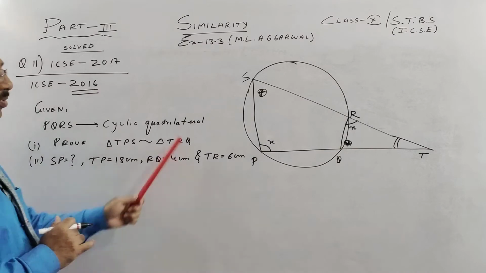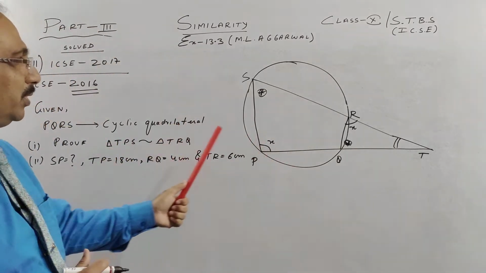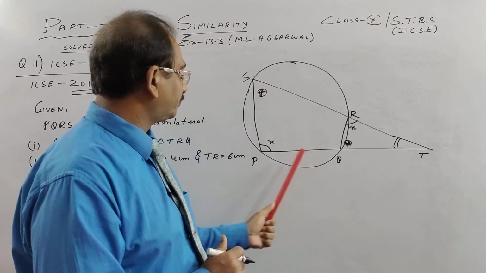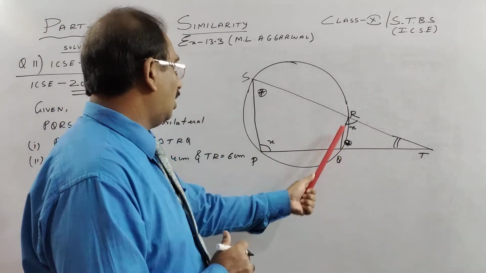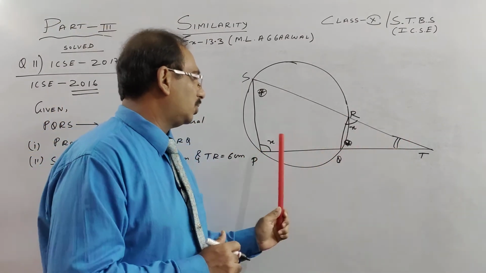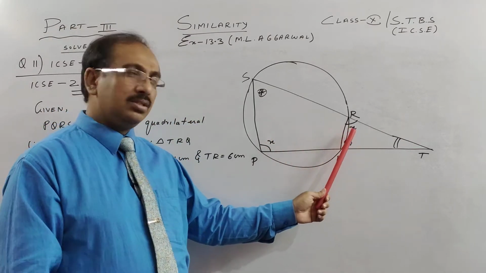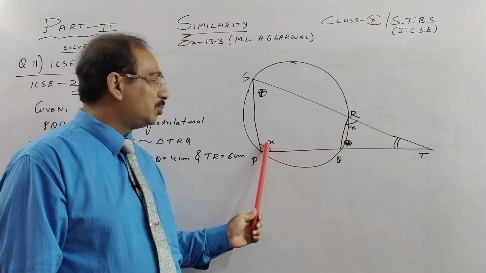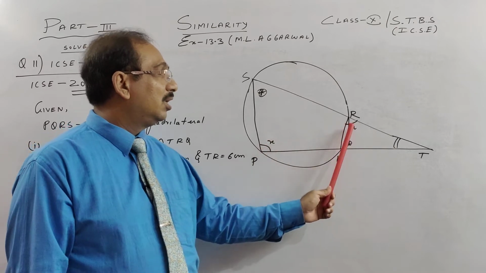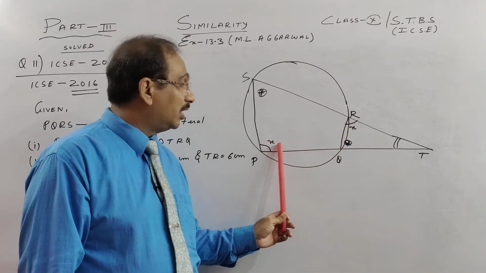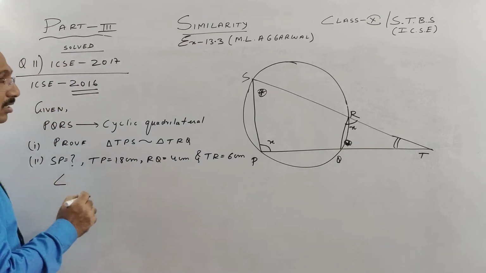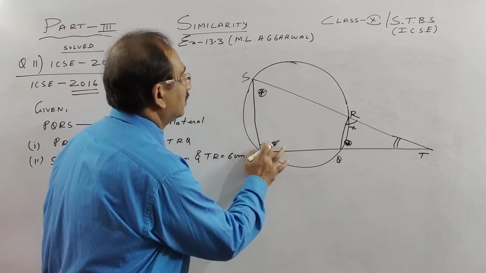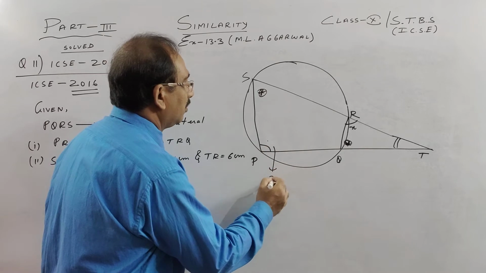So first, to prove that the big triangle TPS is similar to TRQ. Now see, I have written X over here. This is given X. This will also be X, children, because the exterior angle of a cyclic quadrilateral is equal to the interior opposite angle.